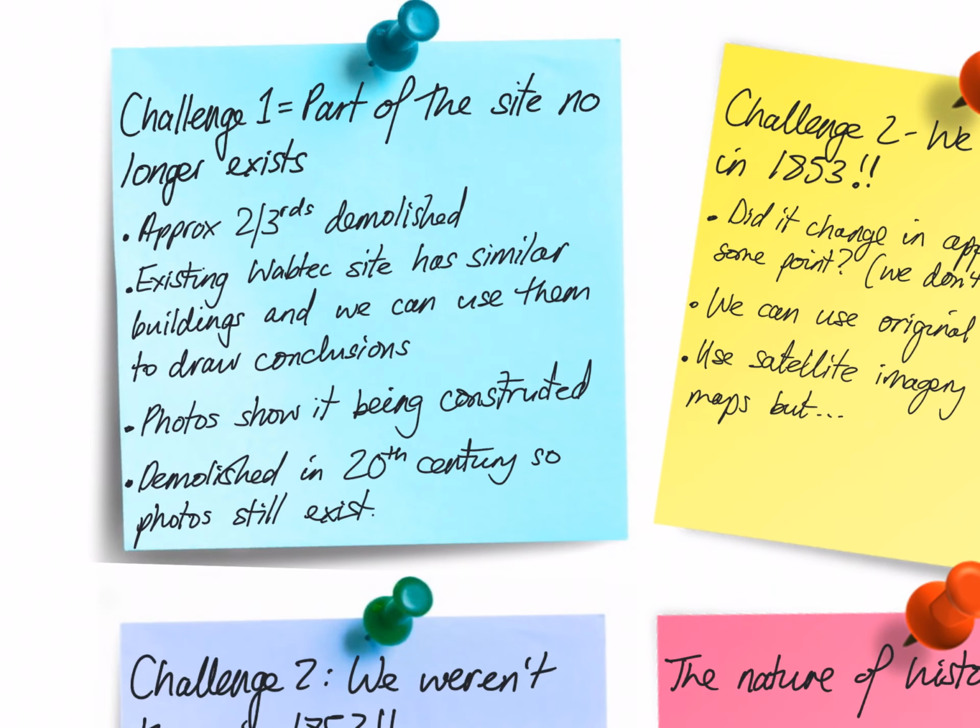Paragraph 1, I would highlight the fact that the first challenge, of course, is that part of the site no longer exists. As we know, about 2/3 of the site was demolished.